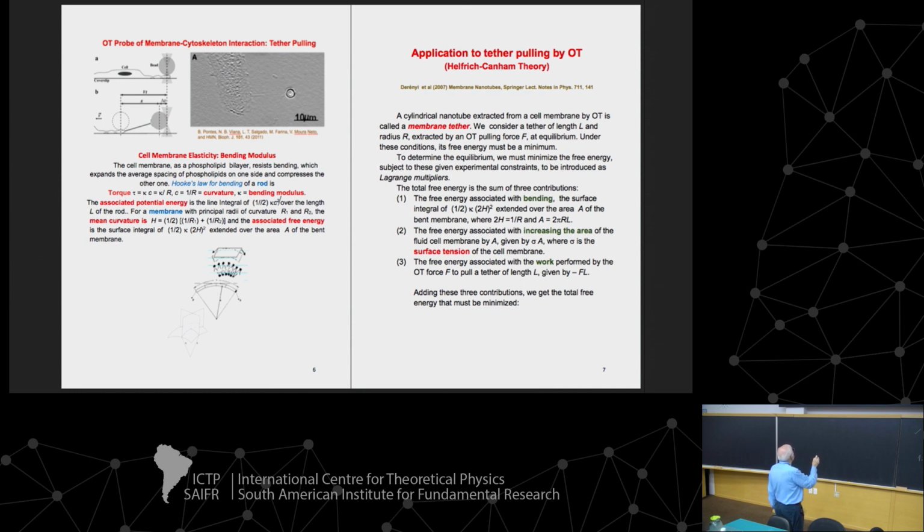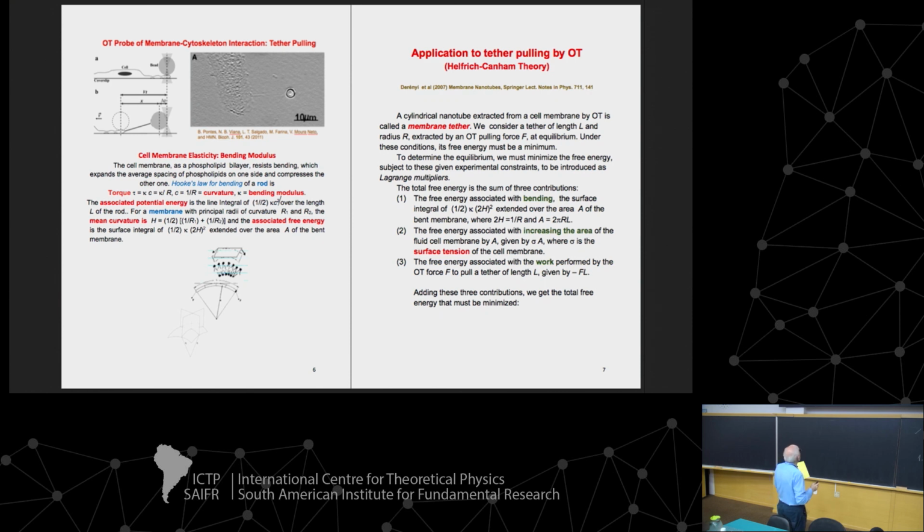And the curvature for just a straight rod is just the inverse of the radius of curvature. And then the constant kappa here is called the bending modulus.